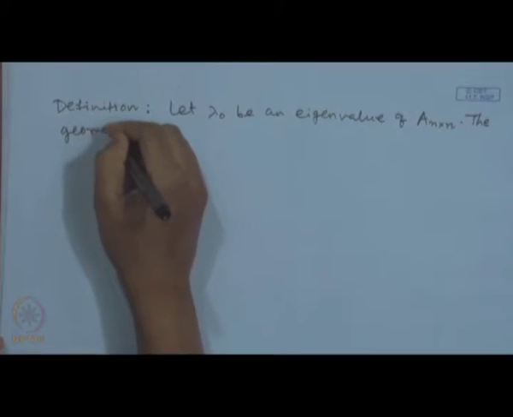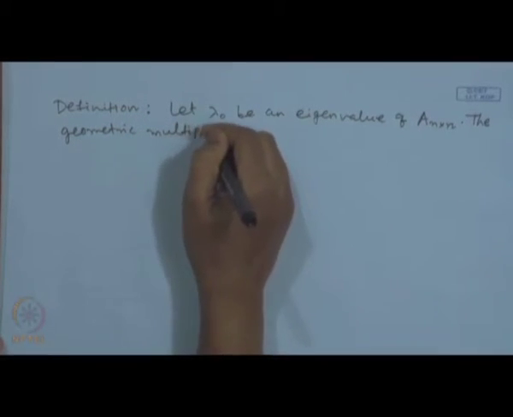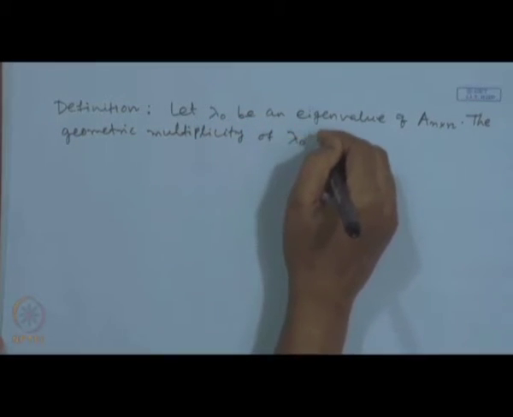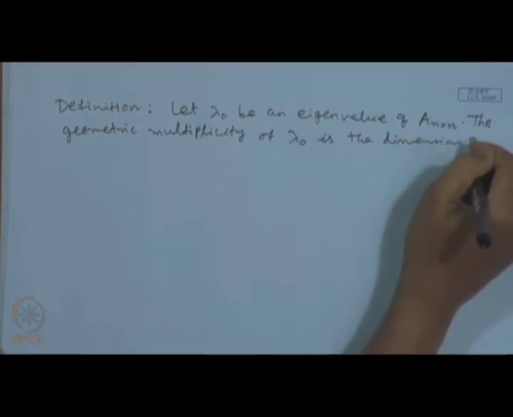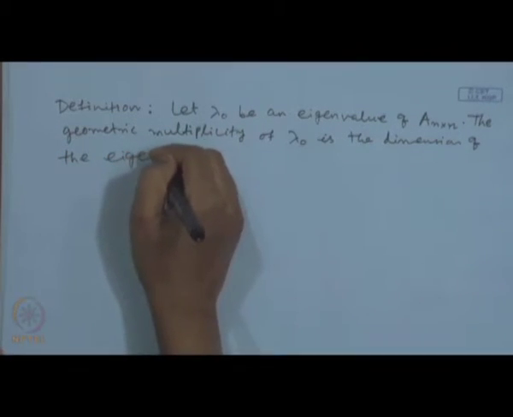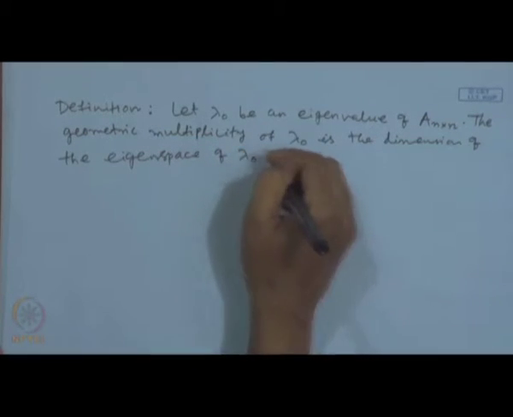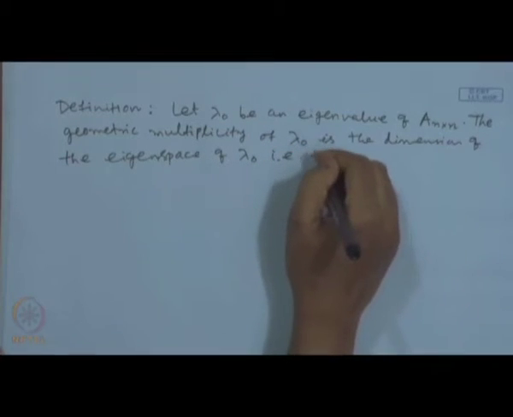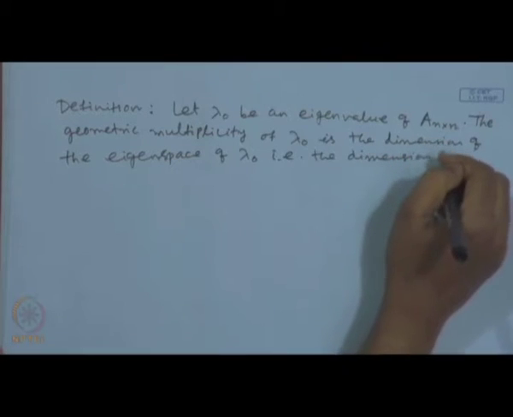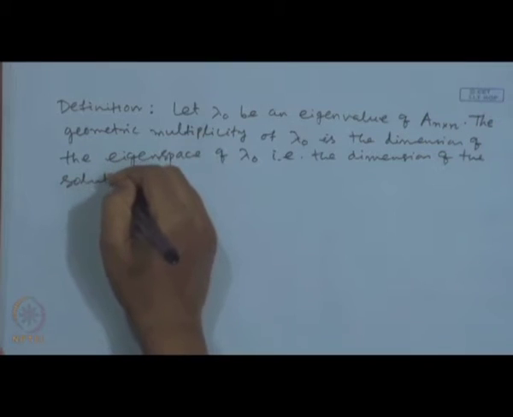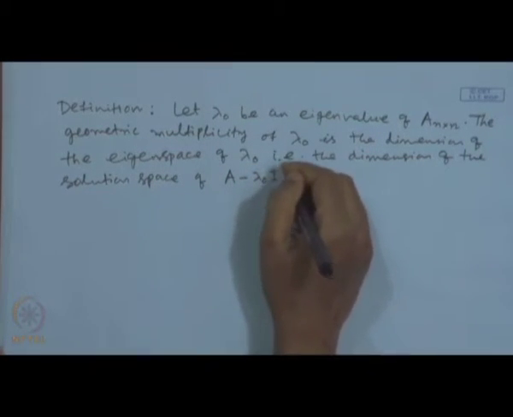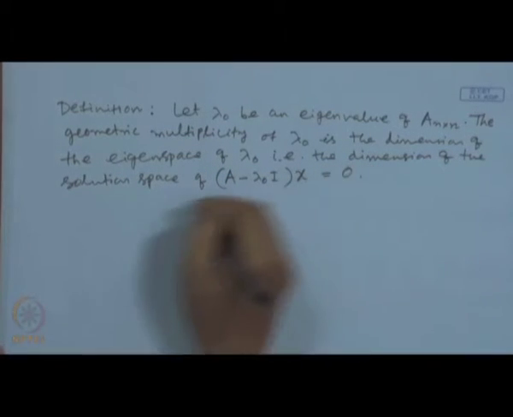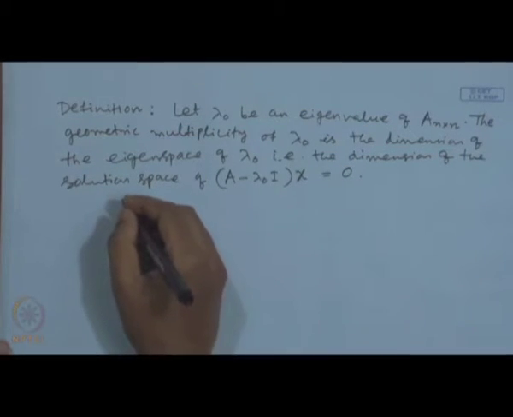Then the geometric multiplicity of lambda 0 is the dimension of the eigenspace of lambda 0, that is, the dimension of the solution space of this homogeneous system (A minus lambda 0 I) x = 0.